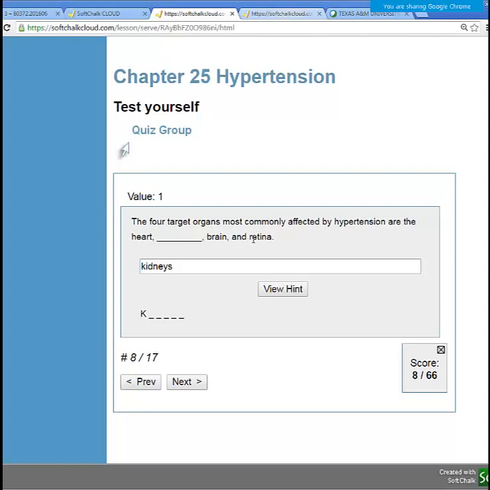Well, the retina, hypertension can cause the vessels to break, and then you can get blindness. It can also cause you to go on to end-stage renal disease, which we know is dialysis, and the brain.